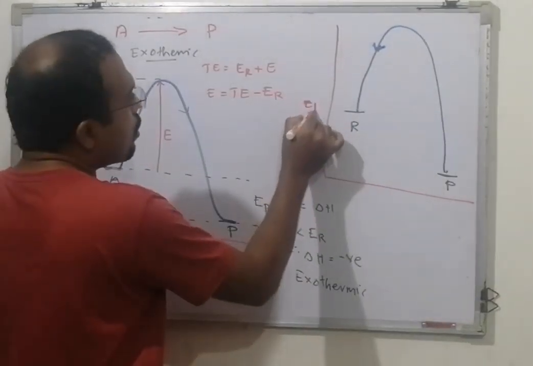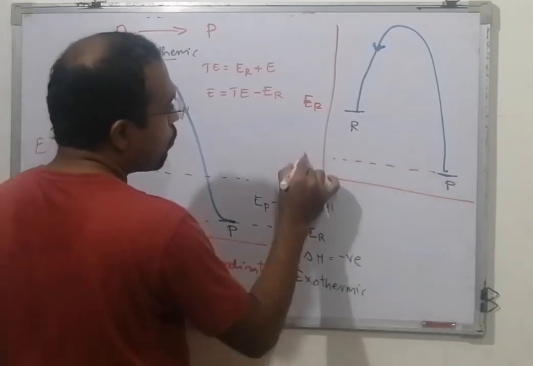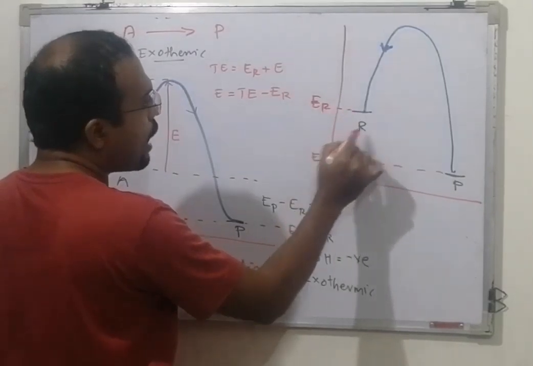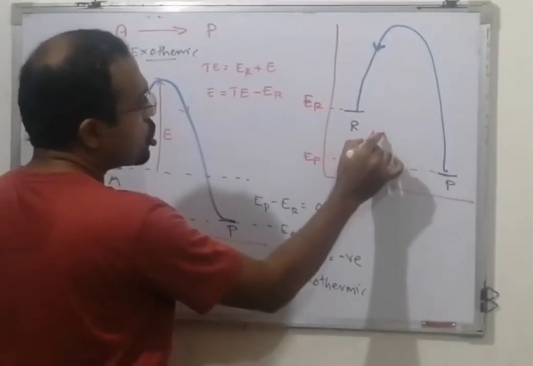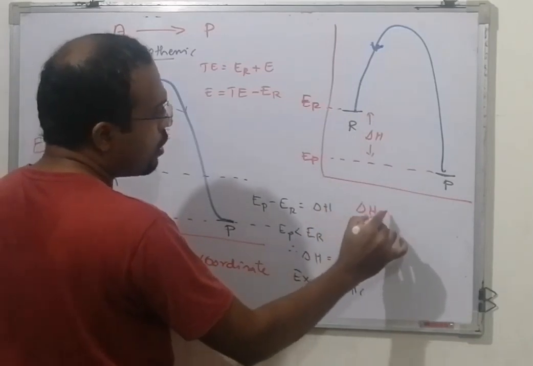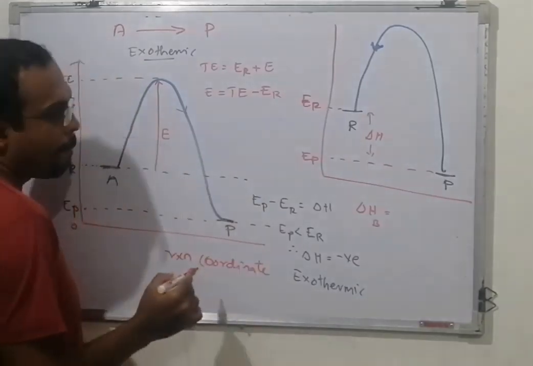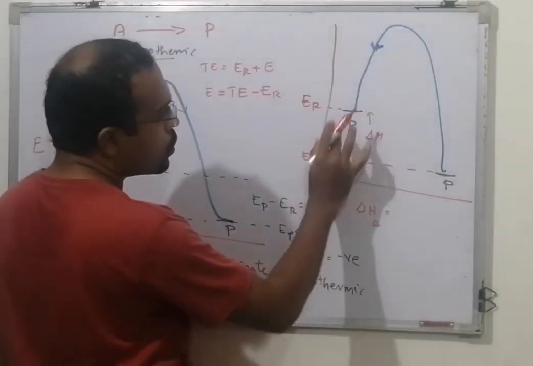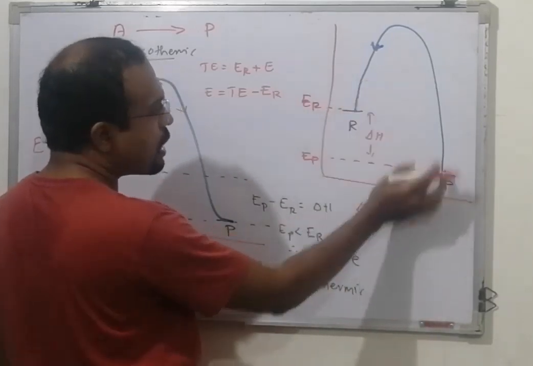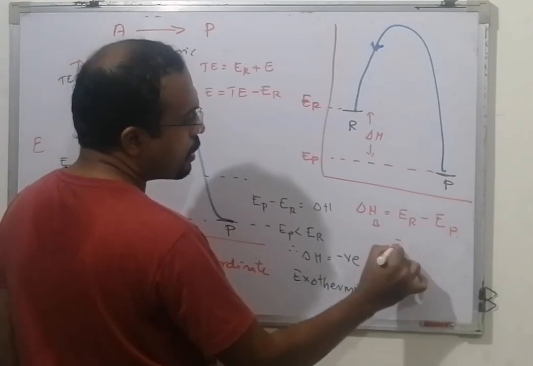This is ER, energy of R. This is energy of P. For time being, this is a reactant. And this gap is delta H. What is delta H here? This is backward, delta H backward. It is equal to, please write ER first because the final change is towards R, final minus initial, ER minus EP, that is positive.